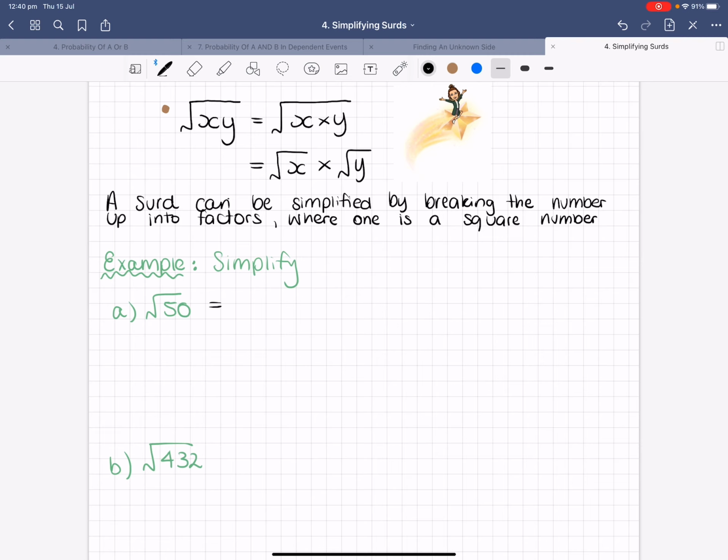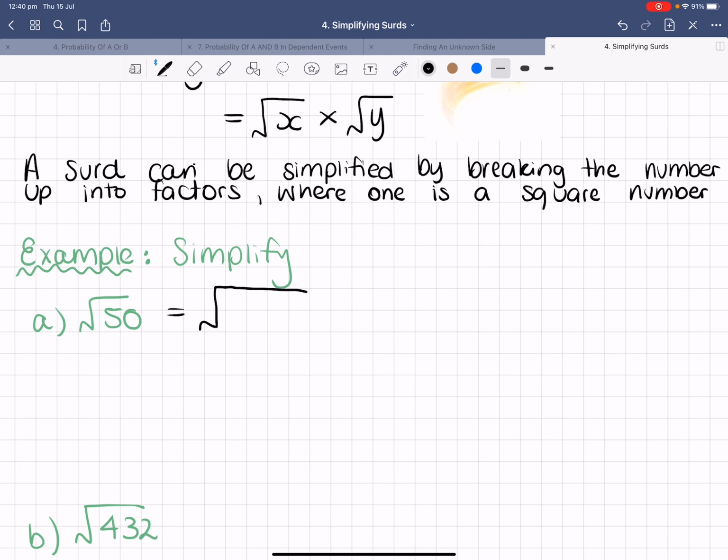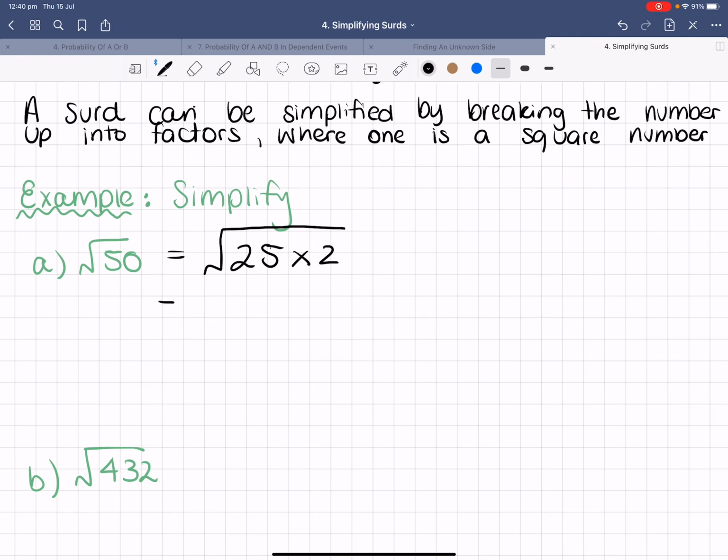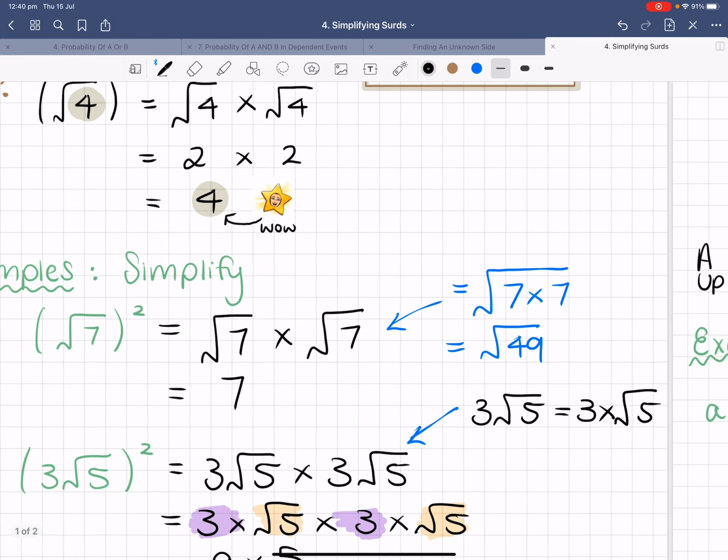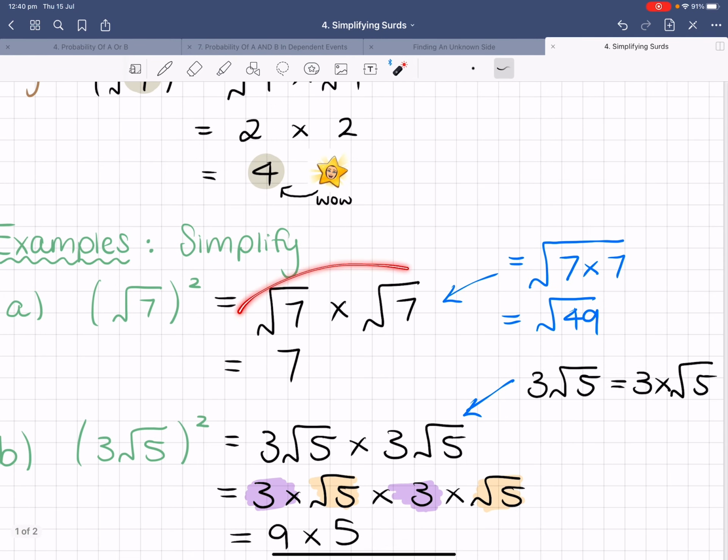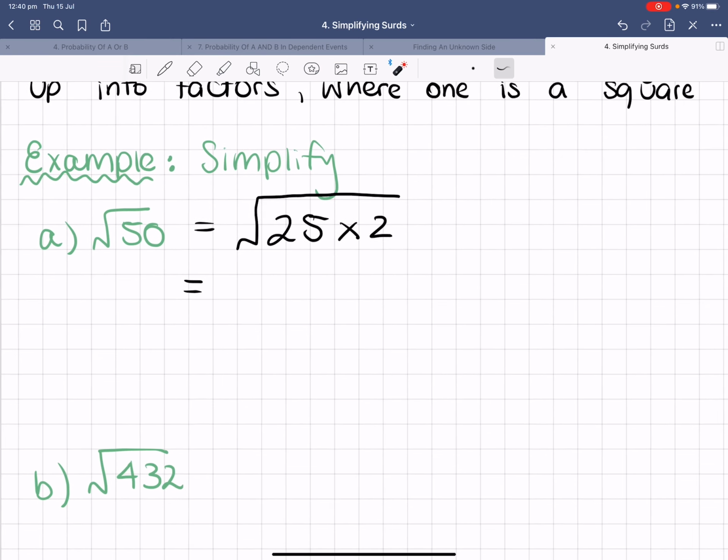Well, we've got 25 times 2, okay? Because both of these give you 50. We haven't changed anything. Both of those give you 50. Now, from across the page where I showed you that those two things were the same, that's where this has come from.